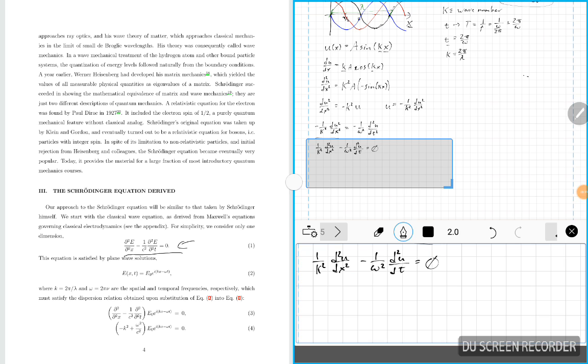Okay, and then just to make our lives a little simpler here, we're just going to multiply everything by k squared, so that will just turn into d squared u dx squared minus k squared over omega squared d squared u dt squared equals 0.